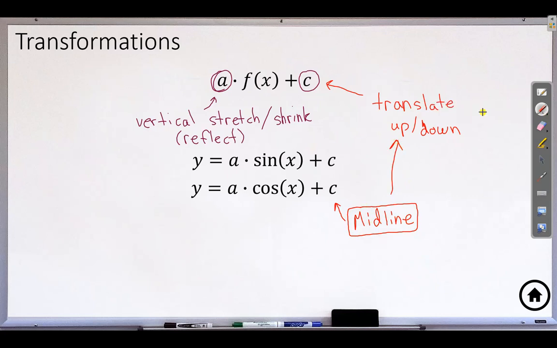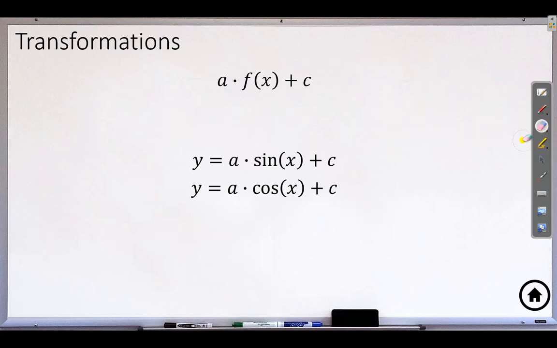Now, the a value, we have a special name for that as well. When a wave gets taller or shorter, that is called the amplitude. So same characteristics, but they have special names for trig functions. All right, I want to show you what those look like really quick.